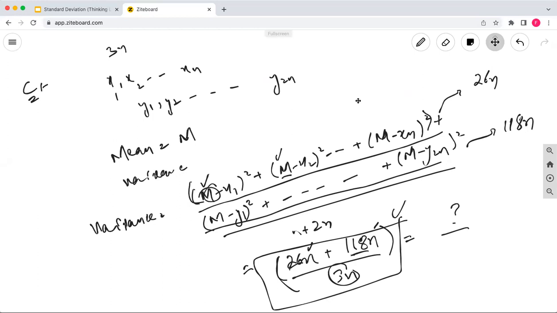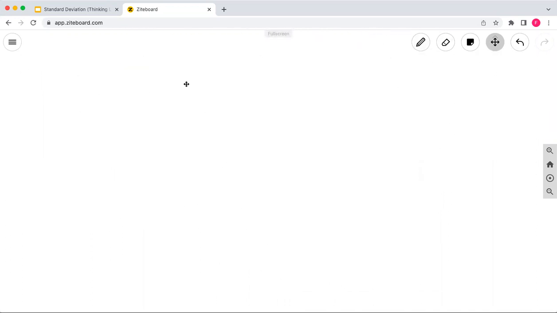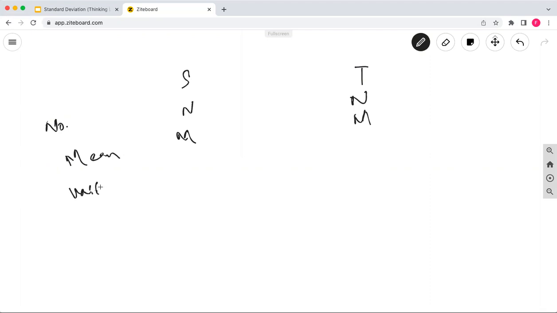Yes. Now, what was in the question? In the question, we have one set S and one set T, and the number of elements is equal, n and n. The mean is also equal, which is m. Let's suppose the variances are x and y, and they combine to form Z. The number of elements is 2n.